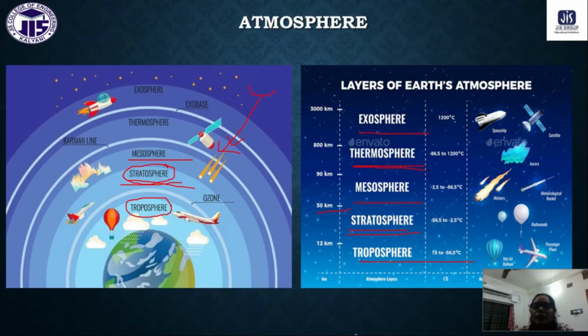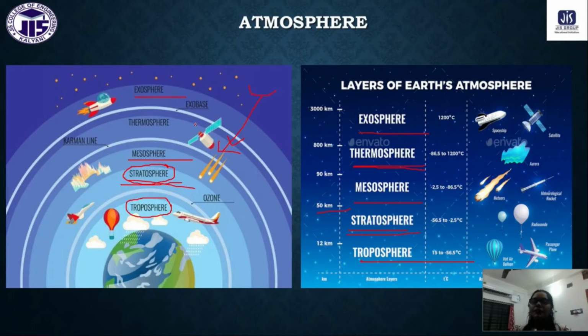So the thermosphere can absorb X-ray radiation. After the thermosphere, we have two types of layers, the exosphere and the ionosphere. In the ionosphere, all types of ions are there.